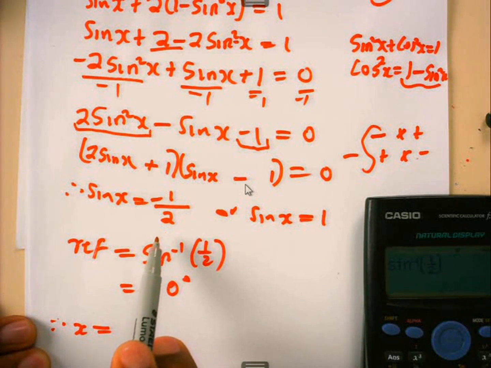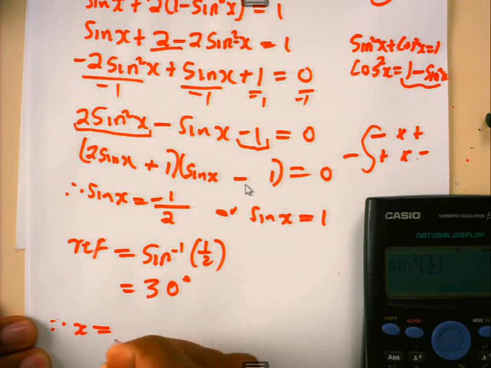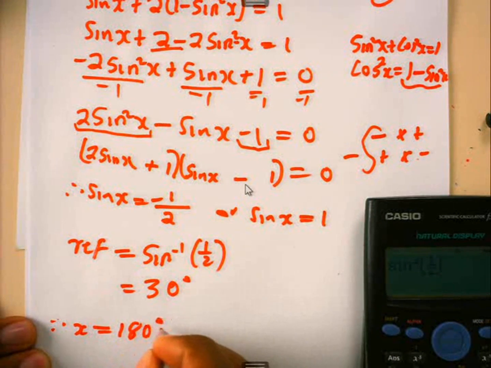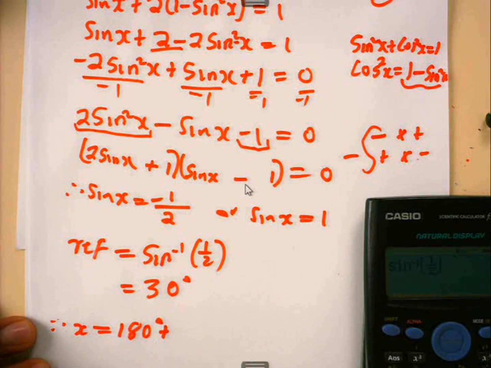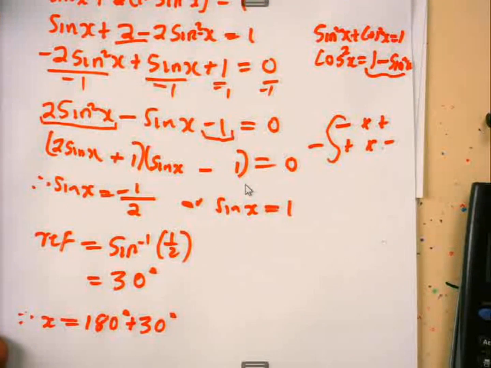We go back, we check what is the sign of the ratio. It's negative. Now in which quadrant is sine negative? Sine is negative in the third quadrant. The angle in the third quadrant will be, of course, 180 degrees plus what is it that you're going to add there? We're going to add 30 degrees. Of course, we do the same on the other side.